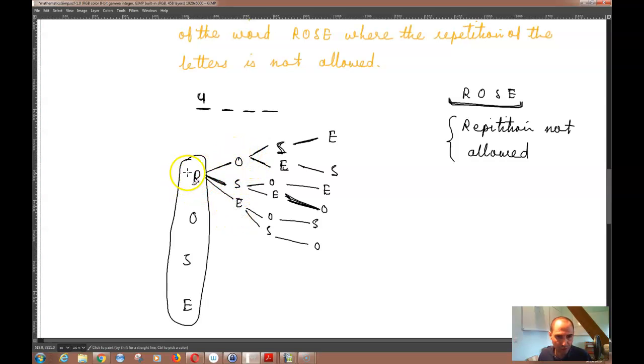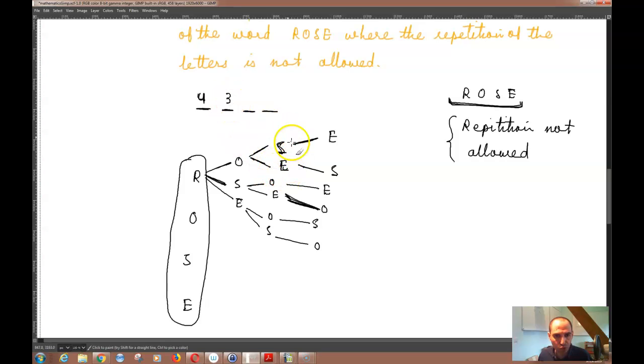So relative to each of those choices, you have 3 choices available to you. The next letter can be chosen in 3 different ways. Now when you get here, you have already chosen 2 of the letters. So you can fill this letter holder, if I may call it that, in two ways relative to each of these choices.